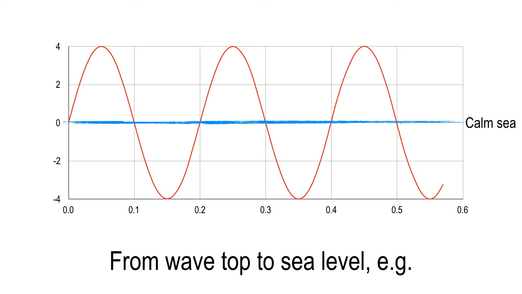So from sea level up to maximum wave height, that's the amplitude of the wave. Or you could go this way, from sea level down to the bottom of the trough. Those two distances are the same. So either one of those we could call the amplitude. If you make a measurement of one or the other, you're good.